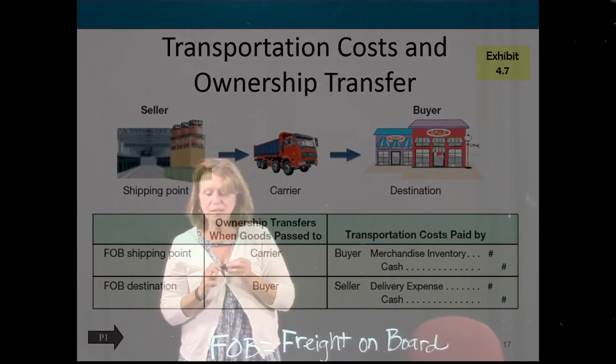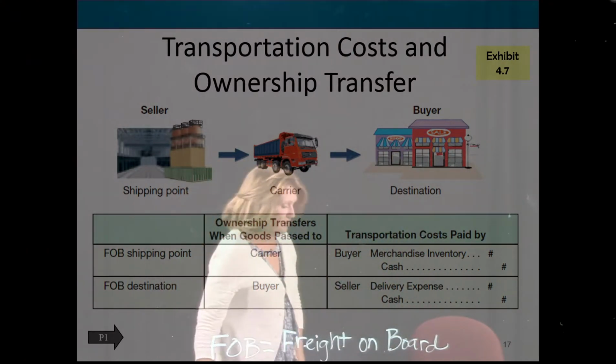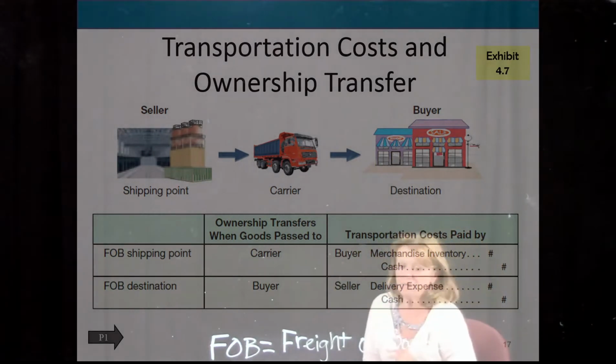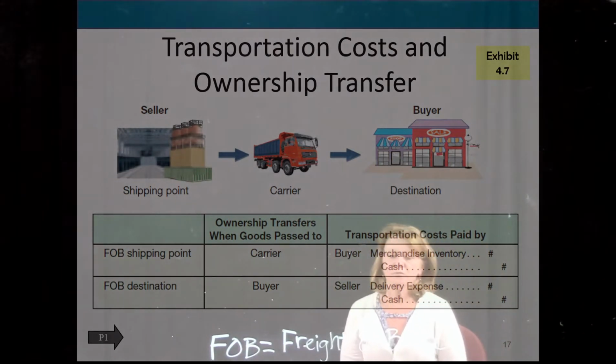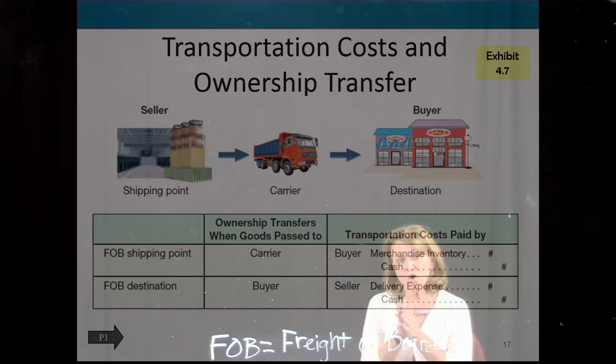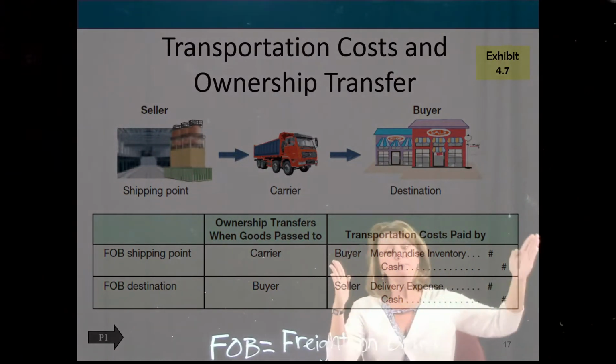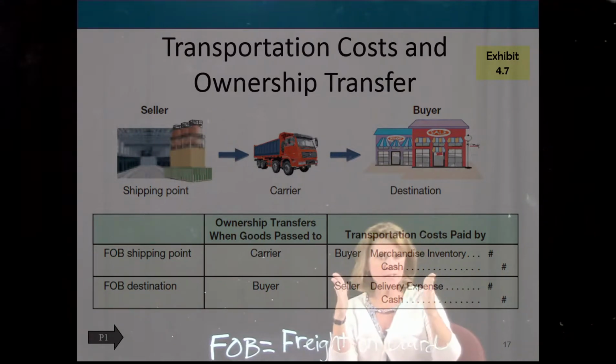Okay, so let me explain this to you. Transportation costs and ownership transfer is important for several reasons. Freight on board shipping point means that transfer of ownership for those goods goes from the seller to the buyer when it leaves the shipping point.